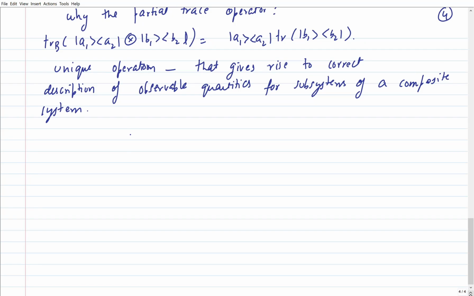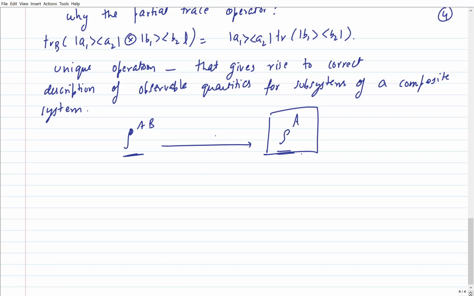So what does it mean? That means that let's say I have a joint density operator of two subsystems, and these are two in different corners of the universe. I'm just interested in describing an operator on just system A, on which I make any observation, any measurements on subsystem A. I need a density matrix that captures all that.